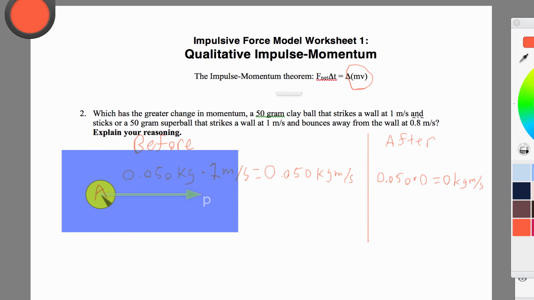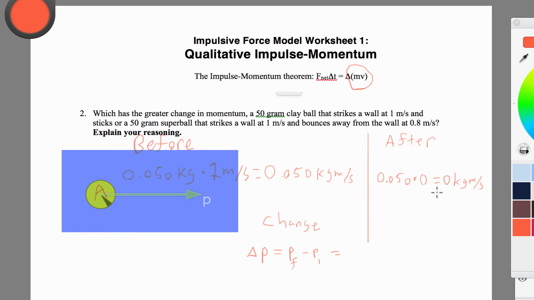So what was the change? Well, the change of momentum, we write delta P, P is the symbol for momentum, is the final momentum minus the initial momentum.